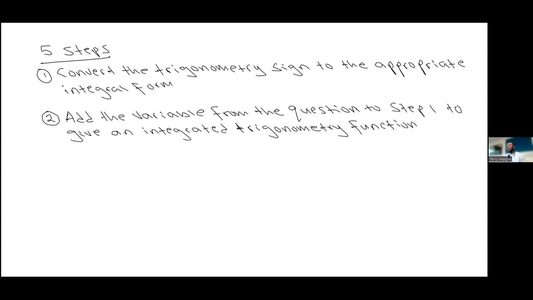Okay? And you also have to make sure that the variable is also in the bracket. So nothing happens or changes with the variable. Okay? Then when you're done with this, number 3, you then differentiate the variable in the bracket.